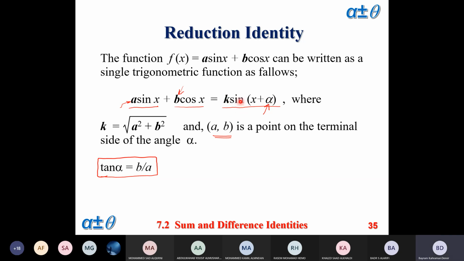Of course, if you like to switch from sine to cosine, yes, you can write this function in terms of cosine. You know how to switch from sine to cosine, right? By cofunction identities, you can write the sine function in terms of cosine if you like. Yeah, that is possible. Okay, let's see the practice questions now.